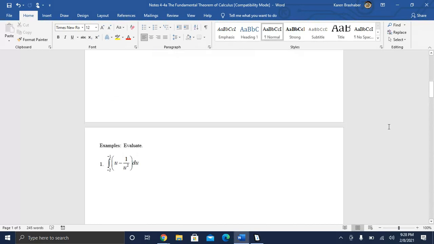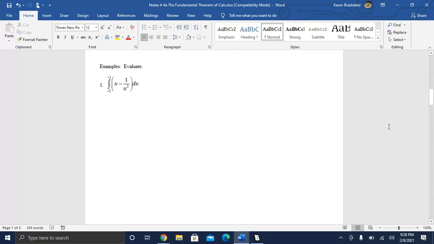And for that, we have the integral from -2 to -1 of (u minus 1) over u squared du. So we want to rewrite this so that we can do the power rule. So we'll have u minus u to the -2 du.